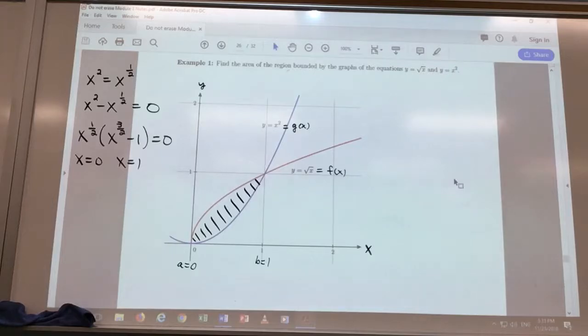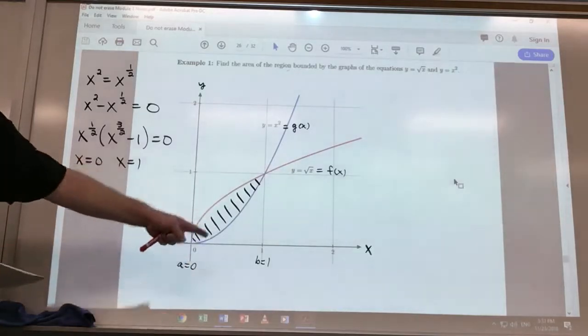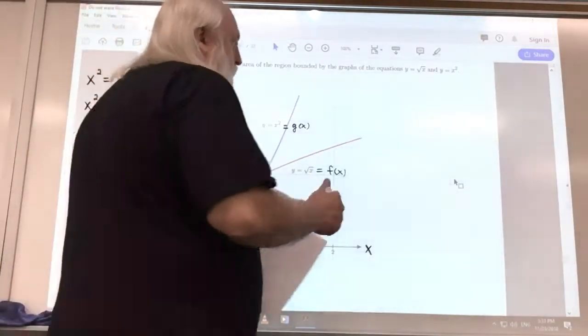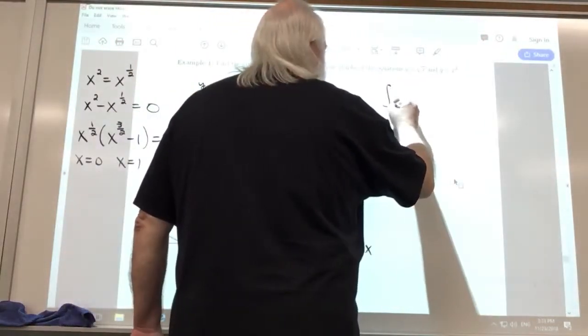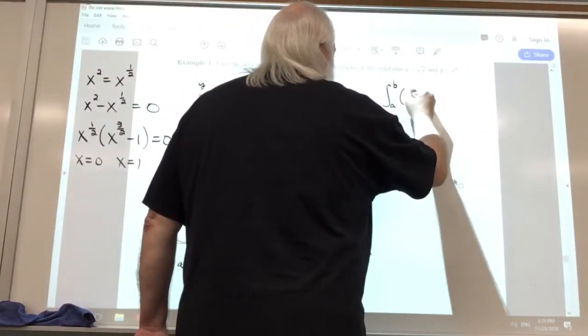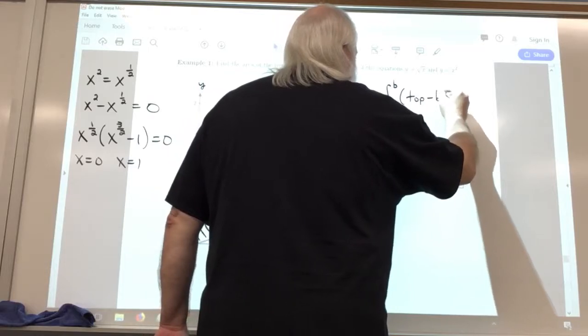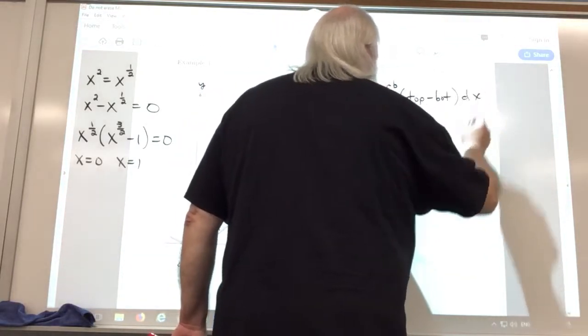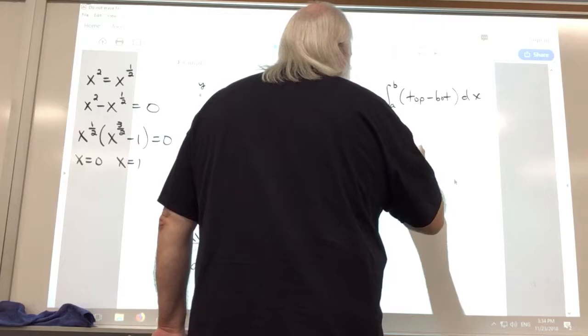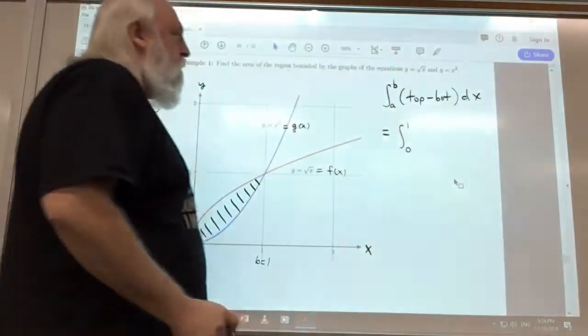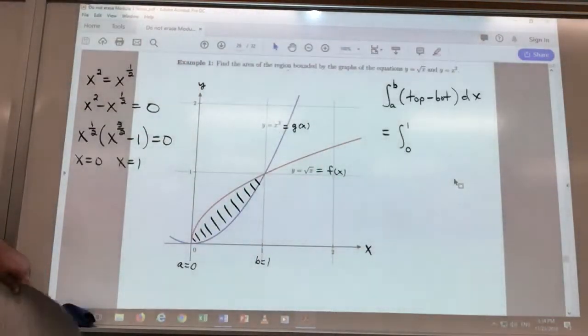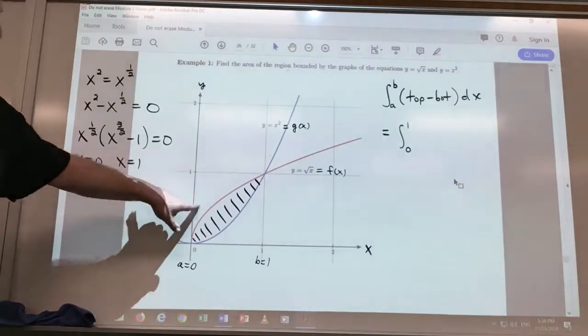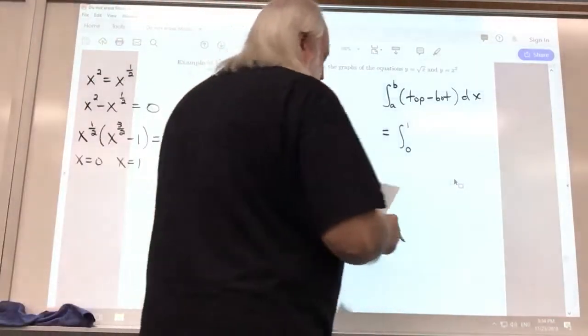So to calculate this shaded area, you're going to take the definite integral from x equals a to b of the top function minus the bottom function. Well, a is 0, b is 1. The top function is the square root of x.